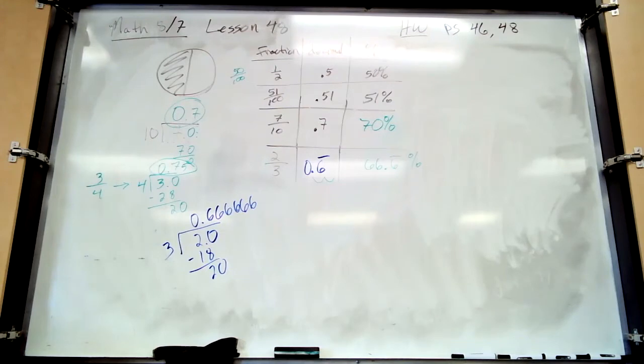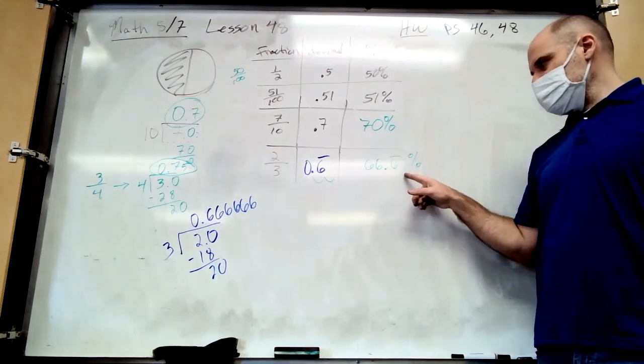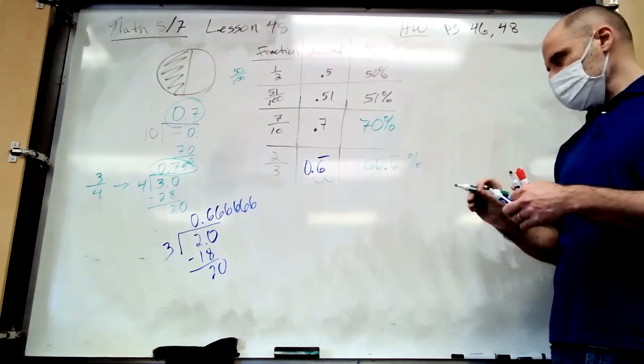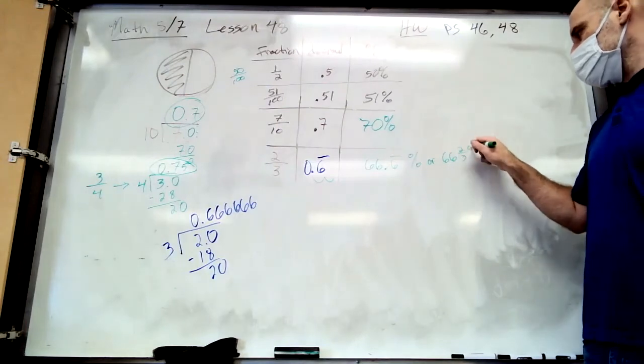So when you move the decimal over, you never run out of digits. So you need to make sure that that 6 is there. And that 6 repeating can go there if you want, or you can say 66 2/3.